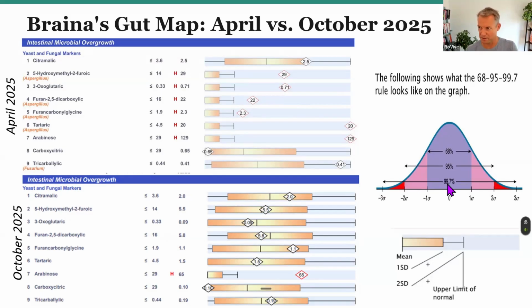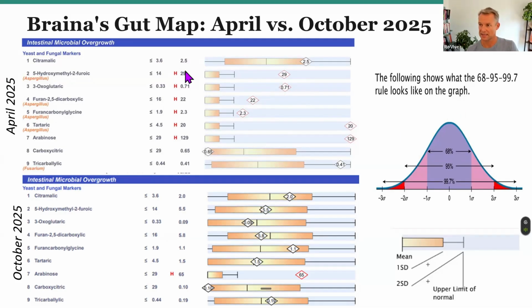You never get to 100% because there's always one in a million, one in 10 million, one in 100 million, right? But I thought it would be helpful to show this because if you do have a marker this far out, it's something you want to be very attentive to, I'll say.